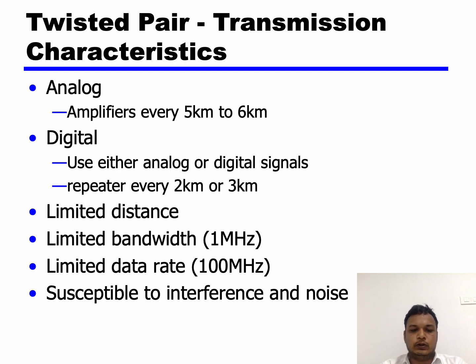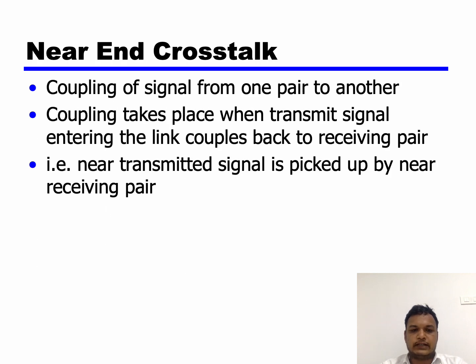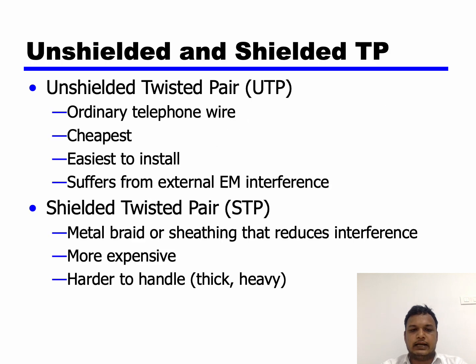It is susceptible to interference and noise. Coupling of signals from one pair to another pair is called crosstalk. Coupling takes place when transmitted signals entering the link are coupled back to the receiving pair. And shielded twisted pair cable.